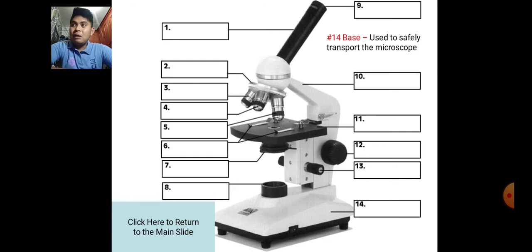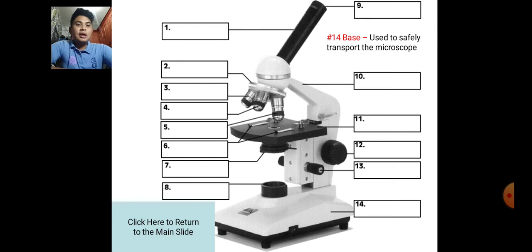Di ba po, kapag gagamit po tayo ng microscope, first things first, hindi po natin alam kung saan po natin nahawakan kapag i-place po natin siya sa lugar kung saan yung surface is flat, di ba? Hindi natin alam kung saan anong pagdadala natin sa kanya. So, yun po yung role ng neck at ng base.